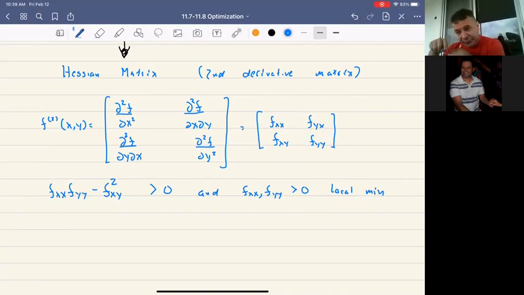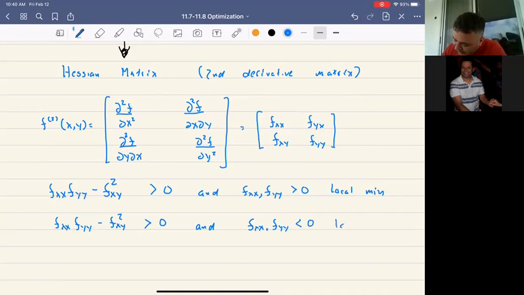So I just always remember, okay, greater than 0, local min. If it's less than 0, and this is still going to be greater than 0, but now if these two things are less than 0, we have a local max.